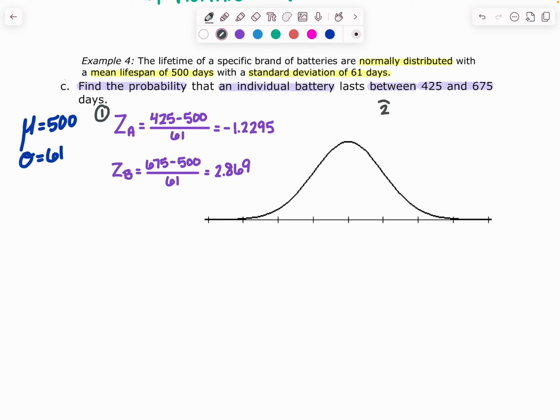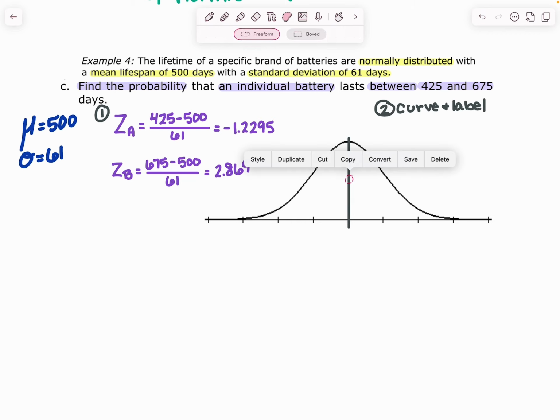Our second step is to draw our bell curve and label both z-scores. I always draw the middle because it's a good identifier. Then we have -1, -2, because our first z-score falls between -1 and -2.